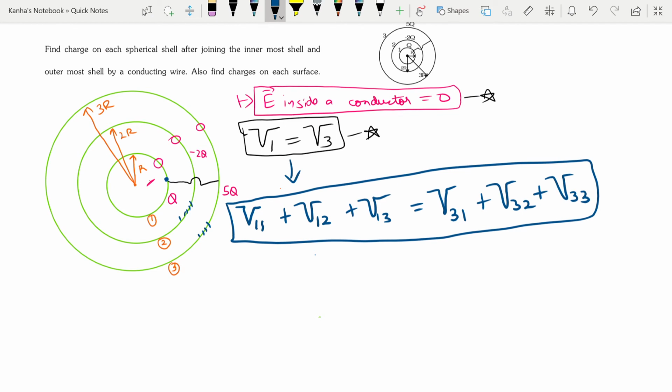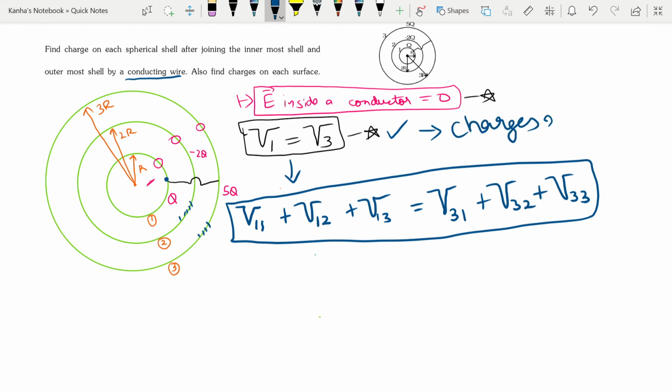What does the question say? You are connecting the inner shell 1 to the outer shell by a conducting wire. Now what happens when you connect two conductors? Their potentials will become the same, which I have said here. Alongside this, charges will redistribute.